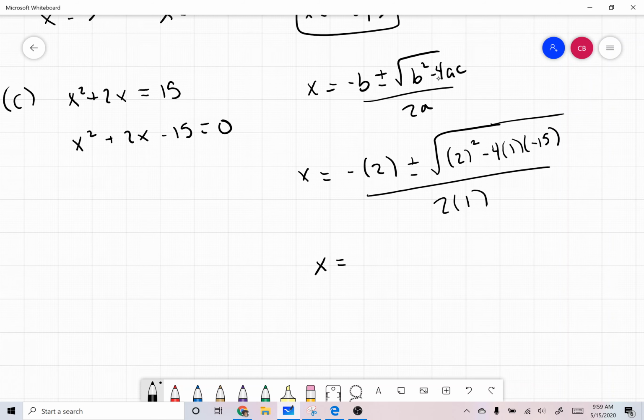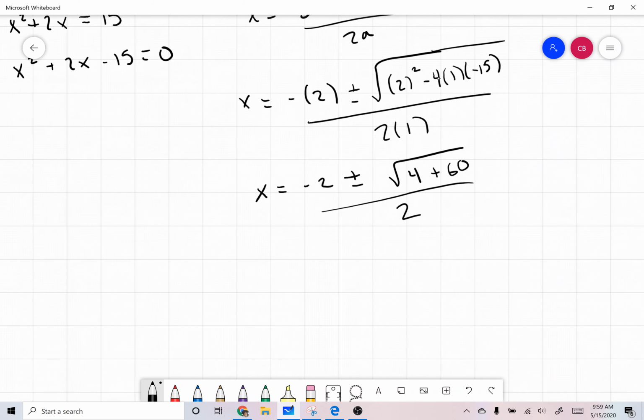This is x equals negative 2 plus or minus the square root of 4 minus 4 plus, well, negative and negative is going to be plus. 4 times 15 is 60. All over 2. This is negative 2 plus or minus the square root of 8 all over 2.